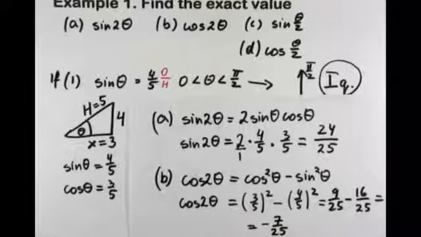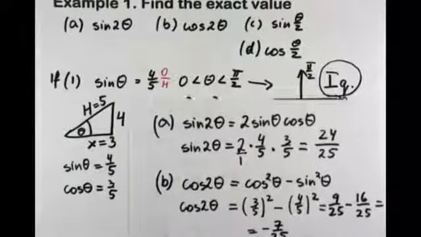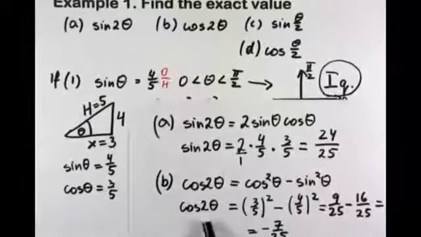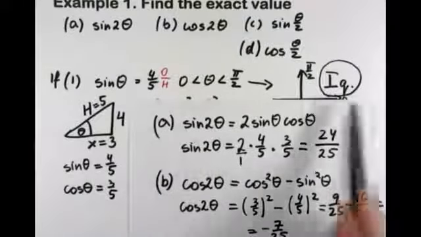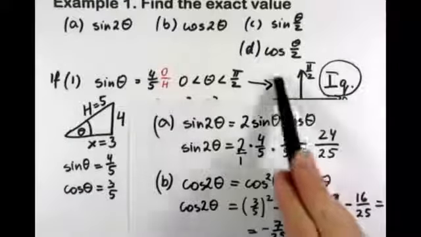Okay. So we have a negative value, and this is correct. Why? Because if theta is in the first quadrant, now 2 theta, when you double it, would be in the second quadrant, right?